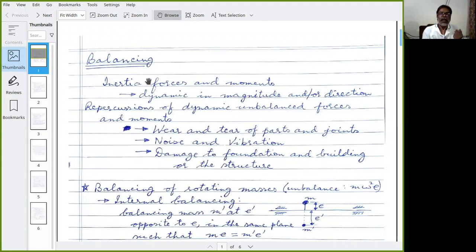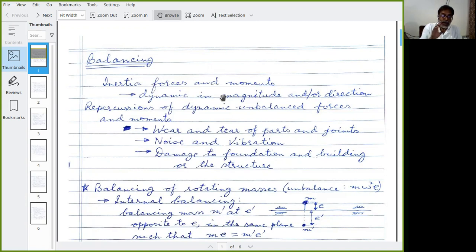If these inertia forces and inertia moments on the moving links you consider as the forces on the bodies and therefore on the mechanism as a whole, which finally goes to the frame, the foundation, that way these forces go to the foundation.